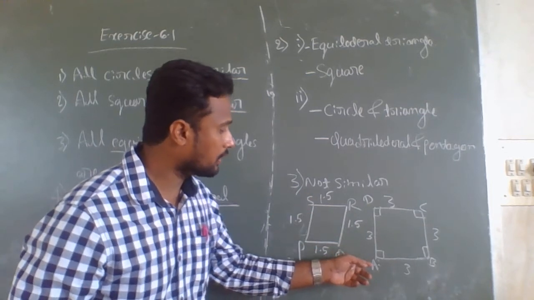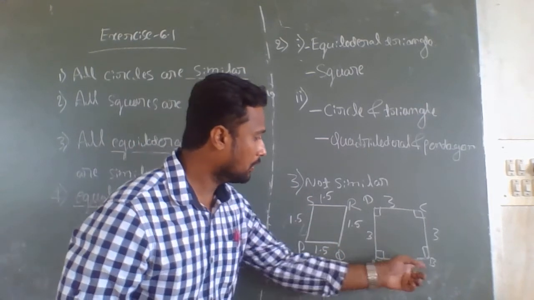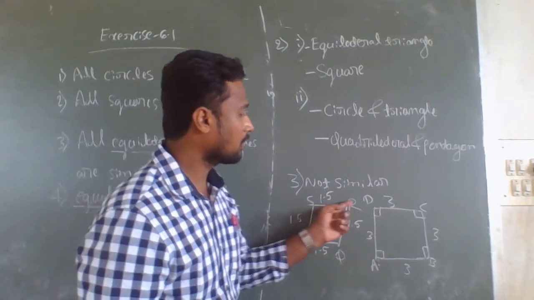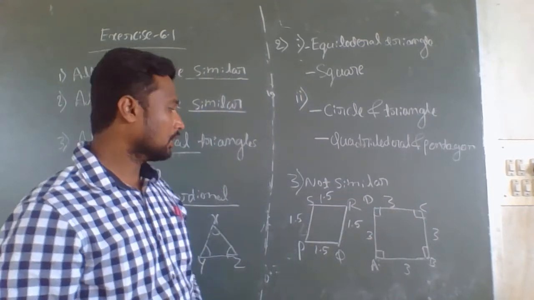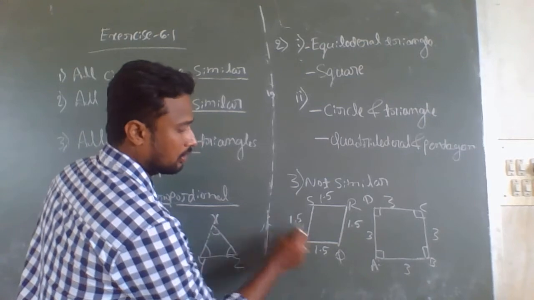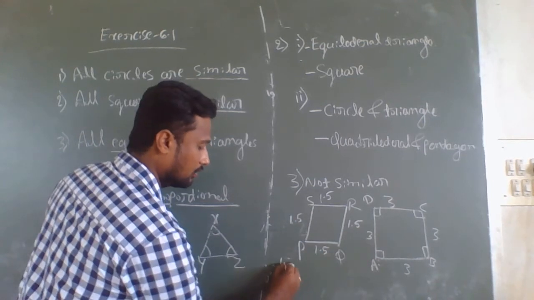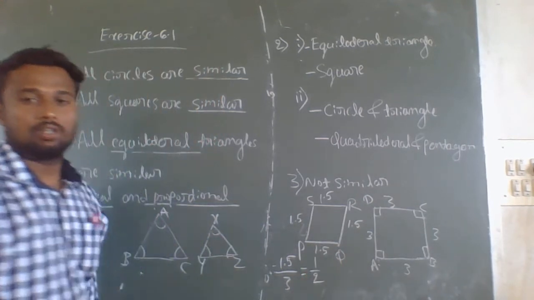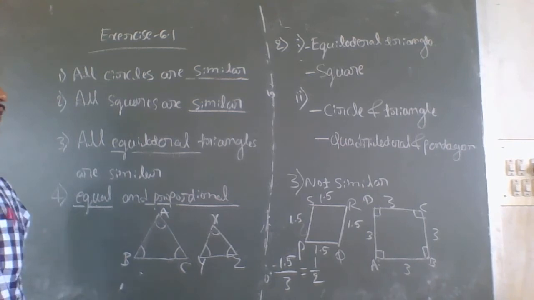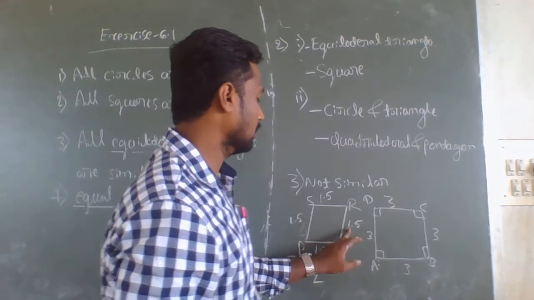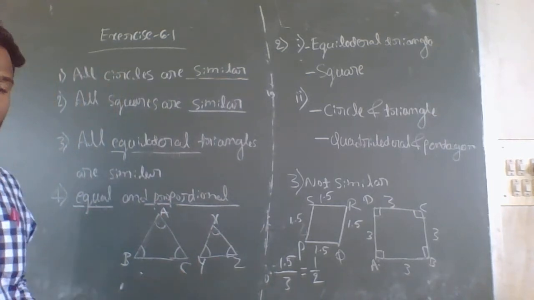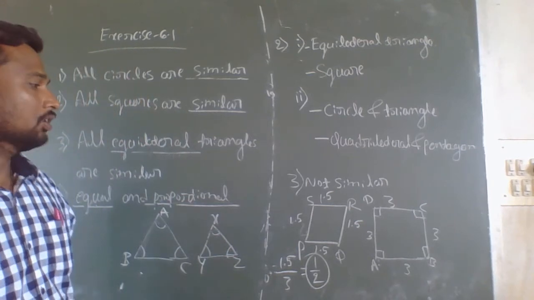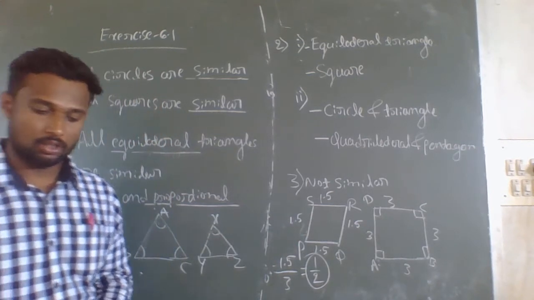PQ by AB, QR by BC, and so on. PS by AD means 1.5 by 3, which gives 1 by 2. So all the proportional values are equal, 1 by 2 for all the sides. Therefore, corresponding sides are proportional.